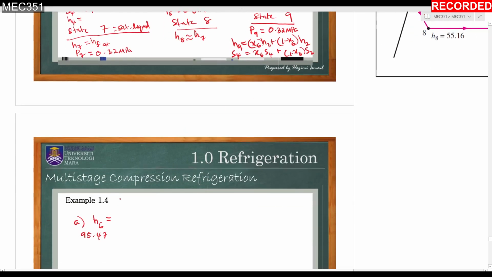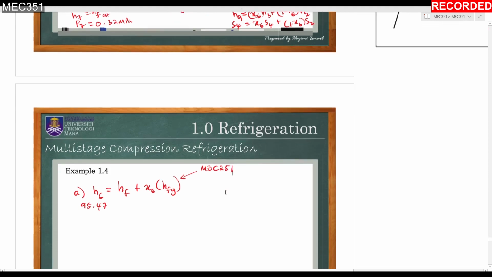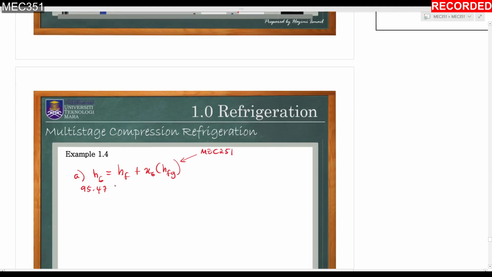Okay, using the saturated mixture formula, H6 equal to HF plus x6 HFG. Okay, this formula we have learned in the MEC351 thermodynamics. Okay, so by using the properties table, you will find the HF at that pressure.